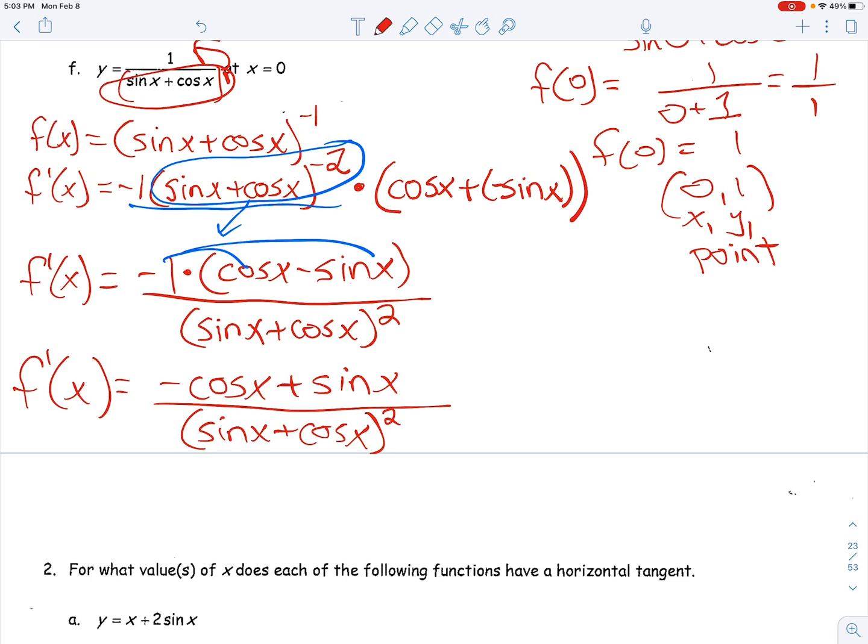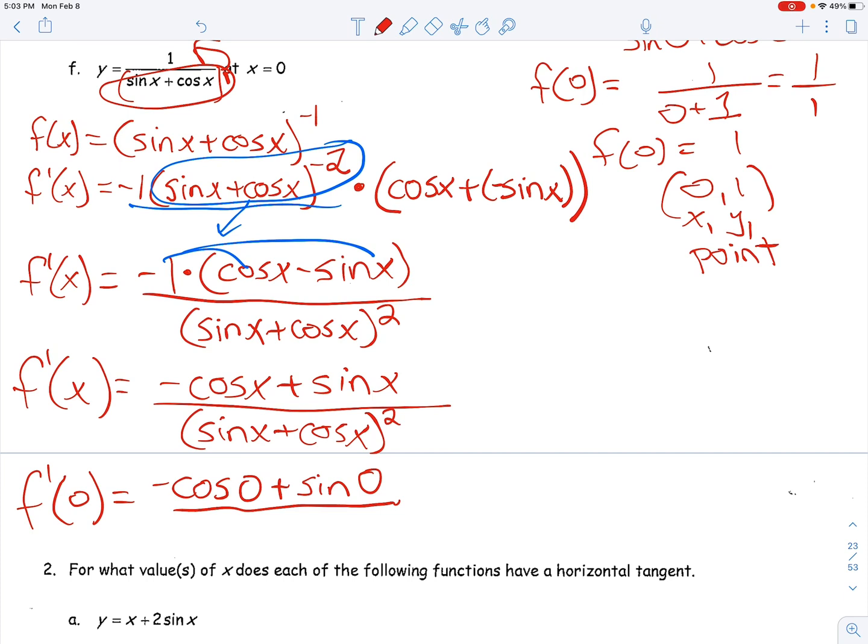So either way, I thought it might be a little easier to do it like this by manipulating the exponents. All right, anyway, let's plug in 0 now to get the slope of the tangent line.